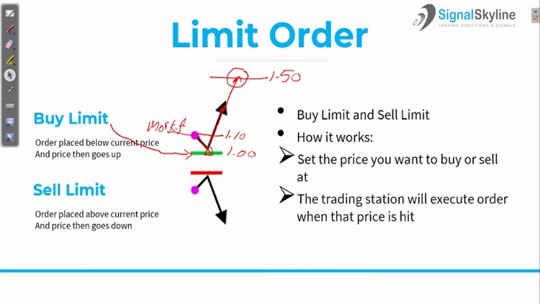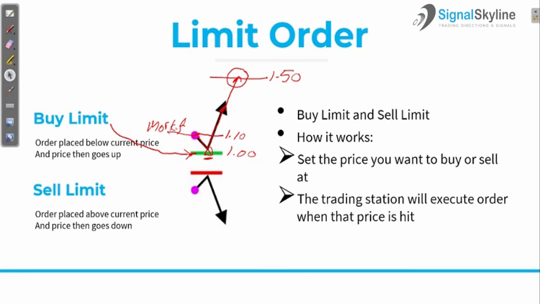So buy limit, market is here, but you don't like this price. You place a limit order on your trade station, and you put your stop loss here as well at the same time. If the market comes down and hits your price, the trade station will do that for you, either it's MT4 or MT5, whichever you're using.